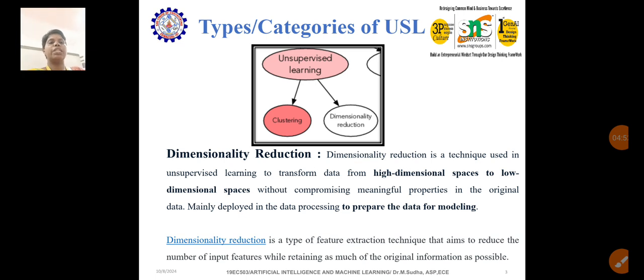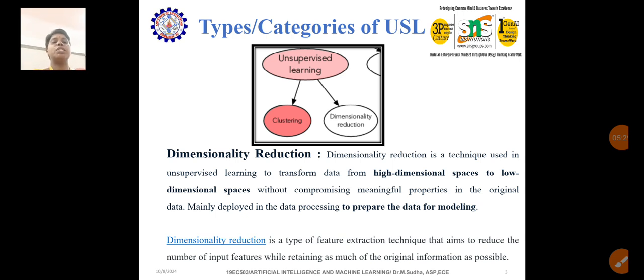So what is dimensionality reduction? Dimensionality reduction is a technique used in unsupervised learning to transform data from high dimensional space to low dimensional space without compromising the meaningful properties of the original data. The original data is not going to deviate; that is our main purpose. The algorithm is mainly deployed in data processing to prepare the data for modeling.